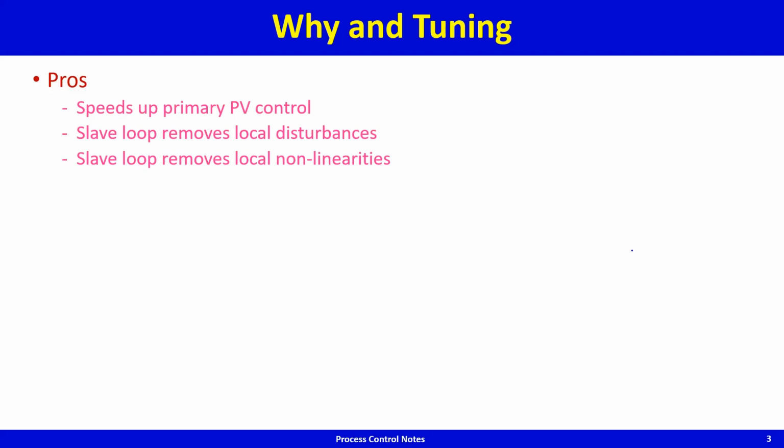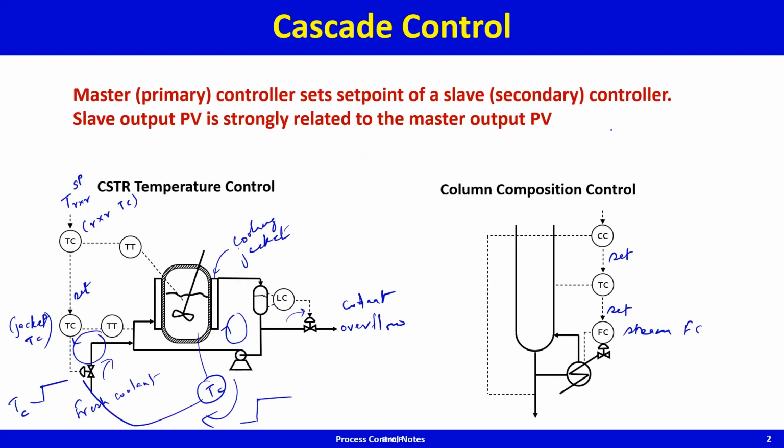Now, why do we use cascade control? Well, you see, you've got an inner loop. So, for example, in the reactor temperature control example, maybe I should go back. You can tune this to be really, really fast. And then the outer loop sees somewhat faster dynamics.